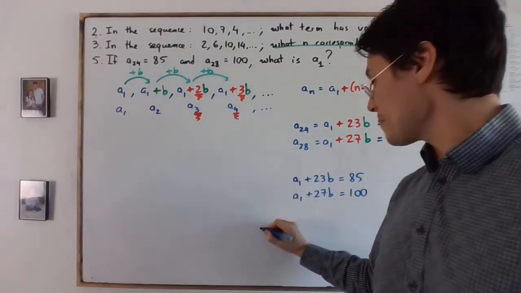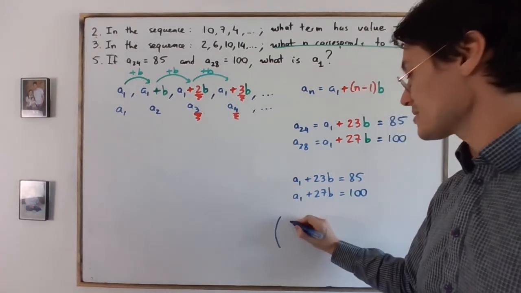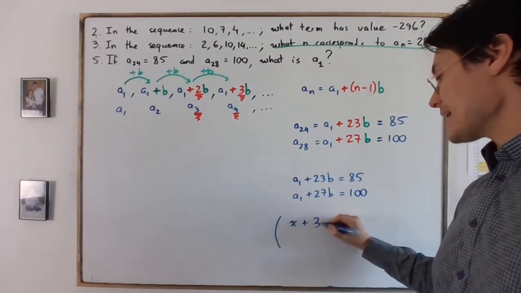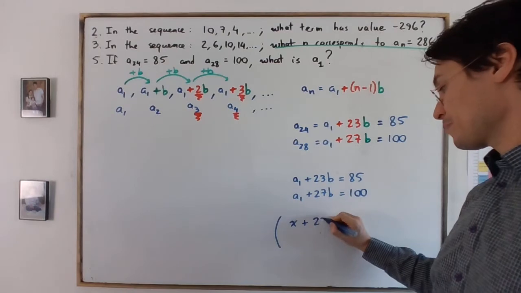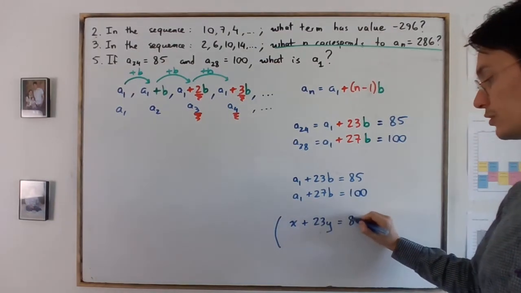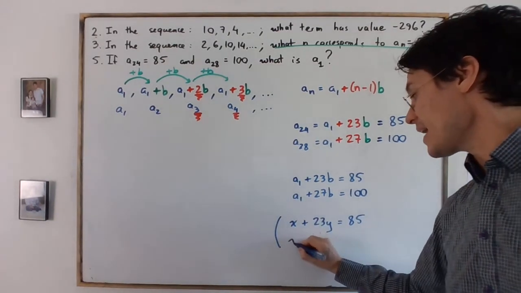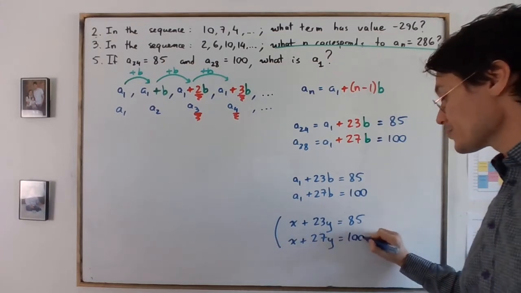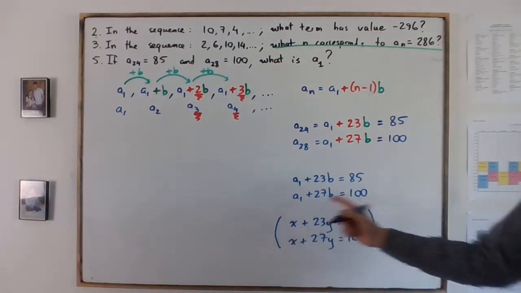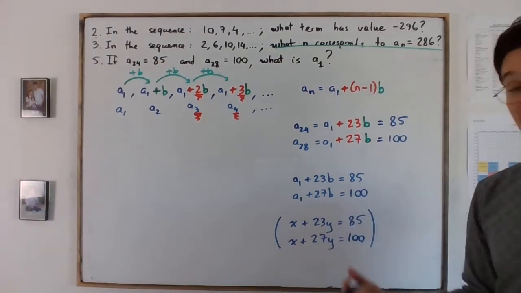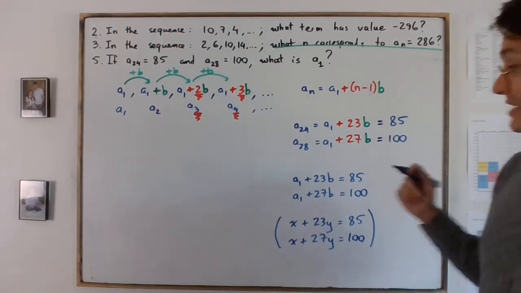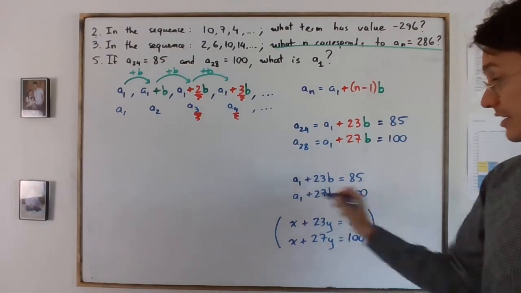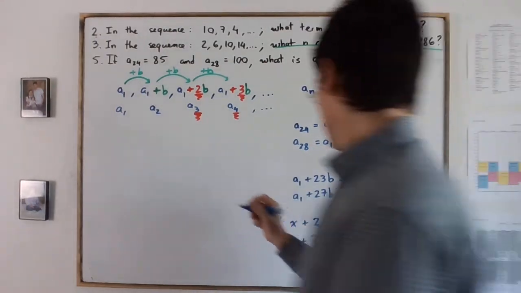I would like you to compare this to something that you might have seen before: x plus 23y is equal to 85, and then x plus 27y is equal to 100. You probably have learned how to solve these types of systems, so I'm going to solve this system right here.